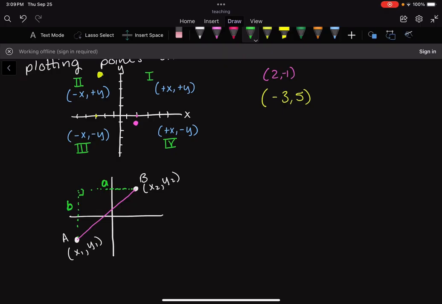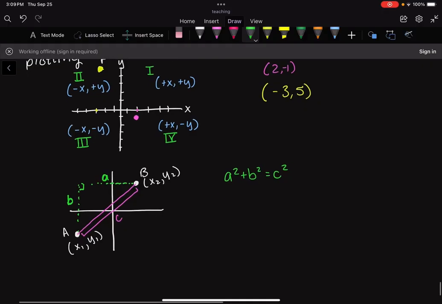And if we want to find the distance c, we can use the Pythagorean theorem. So that's a squared plus b squared is equal to c squared. And if you want just c, we can take the square root. That would be the square root of a squared plus b squared is equal to c.